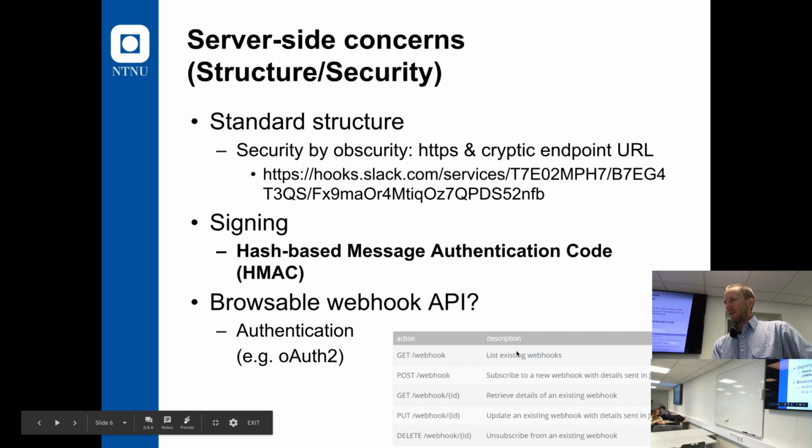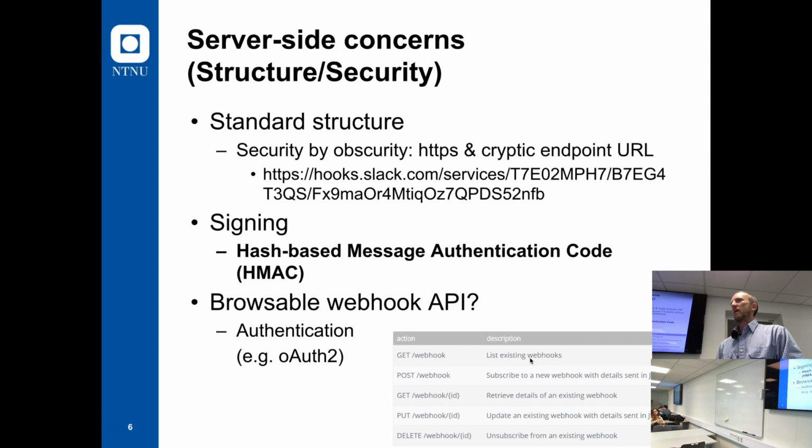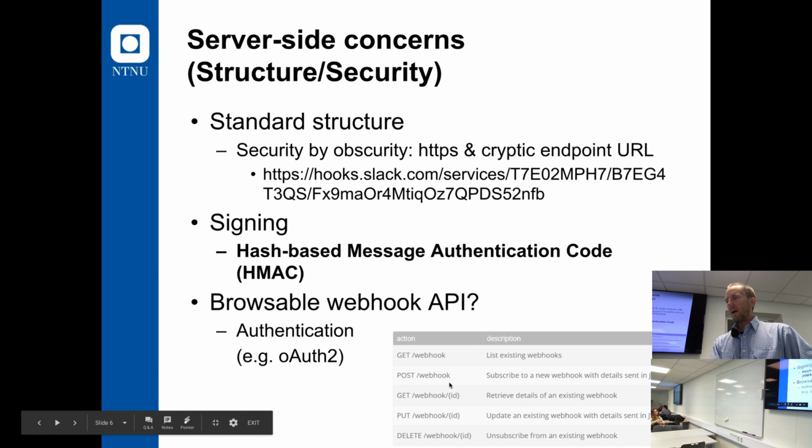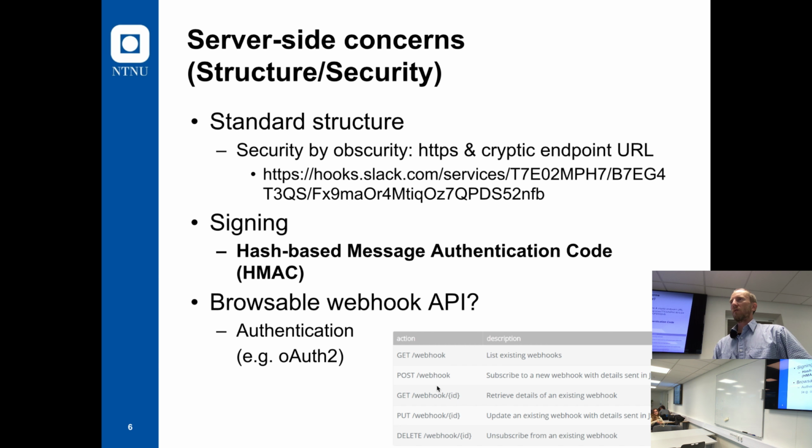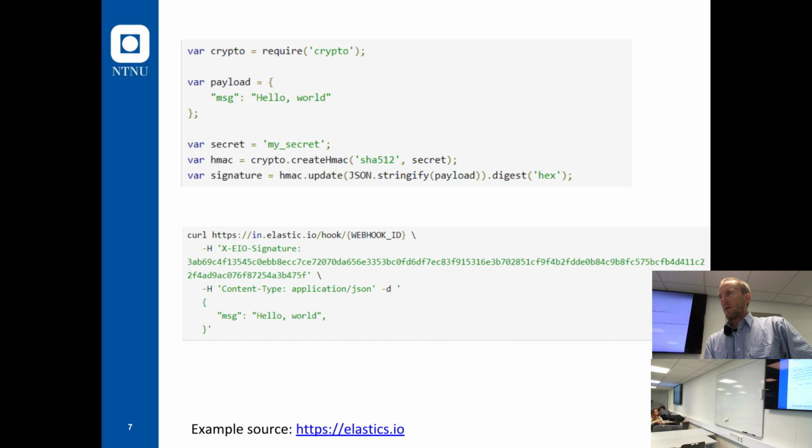But this is a typical pattern for doing a publish-subscribe mechanism with webhooks. And then if you were to modify it or to browse it, usually you have to have some form of authentication. The most common one is token-based OAuth, right? OAuth 2, I mean.